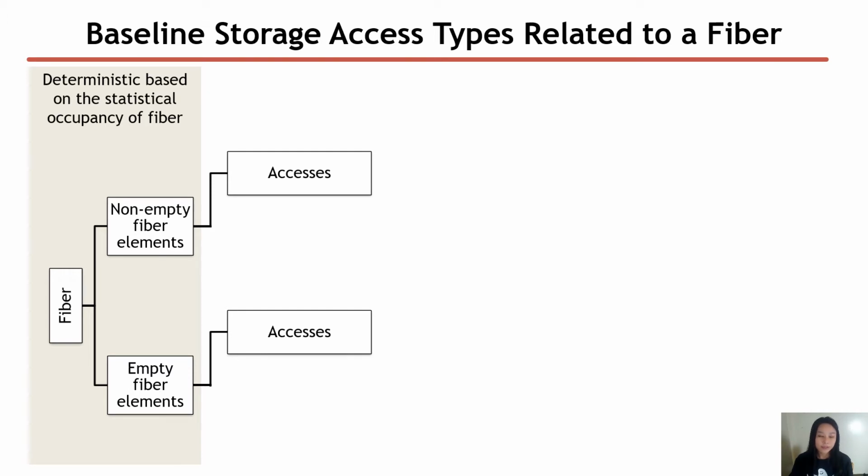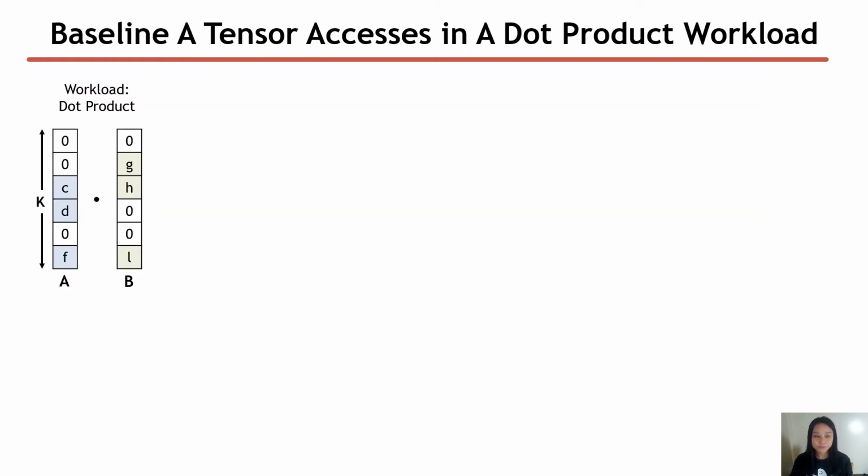And both of these elements can be accessed, and we classify the type of accesses based on whether you're accessing a fiber element which is non-empty or a fiber element which is empty. So let's look at a simple example to see how this access classification works out.